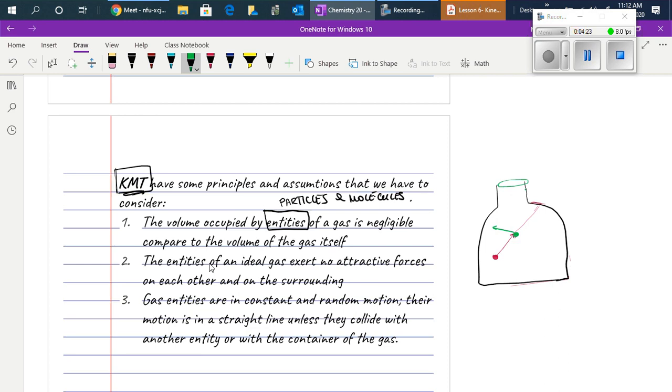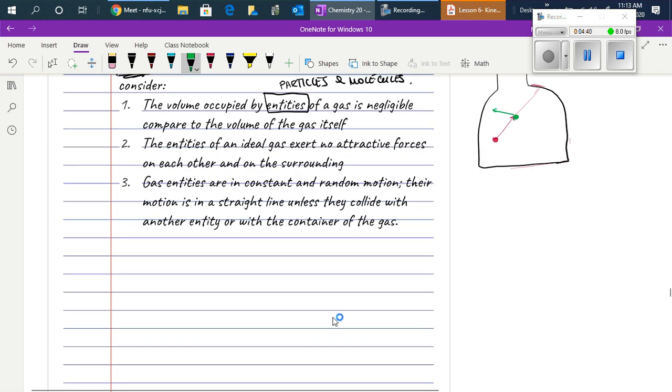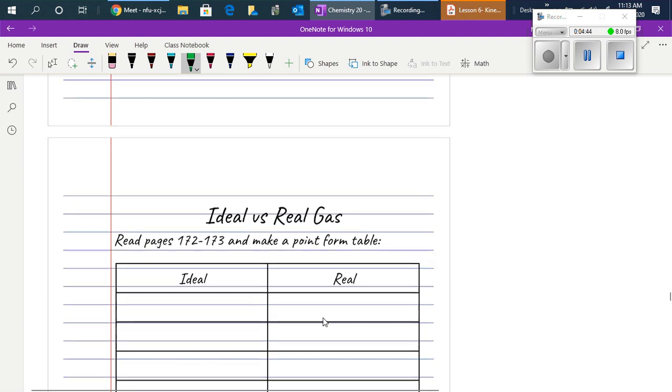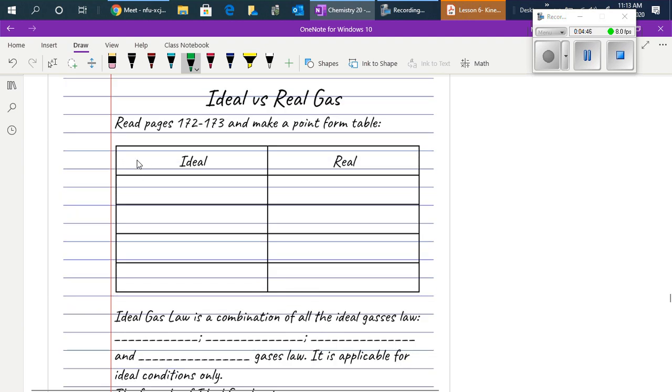The second is that there is no attraction between the particles or molecules of the gas. And the third is that the collision between the molecules of the gas and the container is an elastic collision.